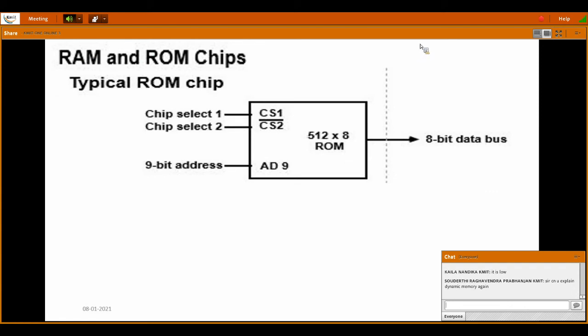For example, you take RAM and ROM chips.